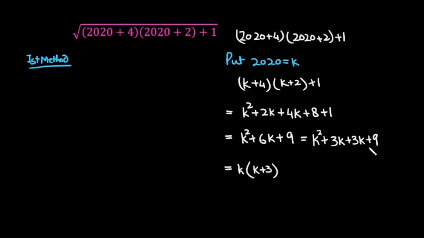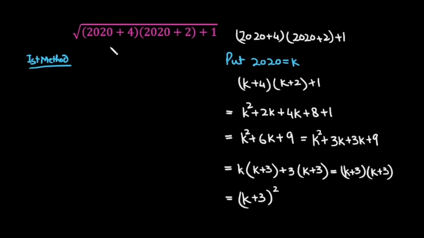Next two terms, take the plus 3 common, inside k plus 3. This is equal to k plus 3 times k plus 3. So this is further equal to k plus 3 square.